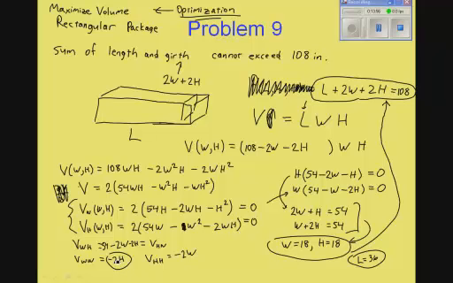And I realize that was a lot very fast, but we're kind of out of time. Either one works. Once you know that your D is bigger than 0, look at either of those, V_WW or V_HH. You have to plug in.